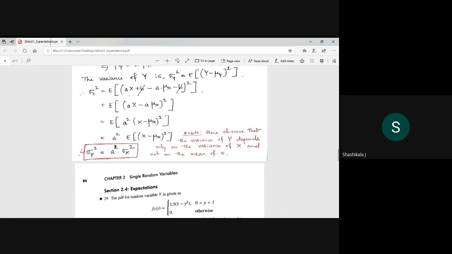is a square into sigma x square. That is the meaning of this: the variance of y depends only on the variance of x, not on the mean of x. There is no relation between the variance of y and the mean of the x variable.